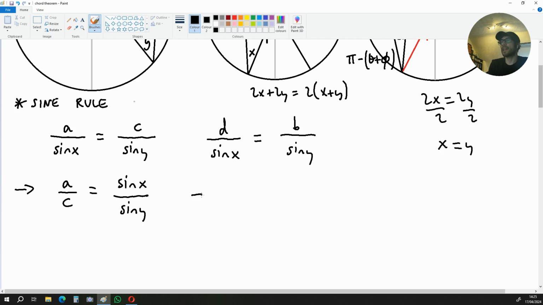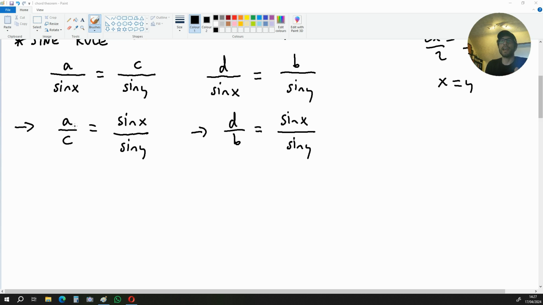If this is the case, then D over B is going to be equal to sine x over sine y, like so. Now check this out. A over C is equal to sine x over sine y, and D over B is equal to sine x over sine y.